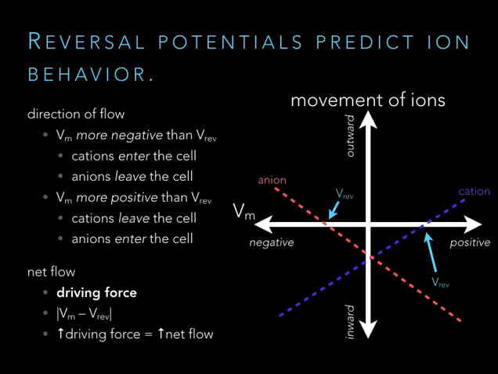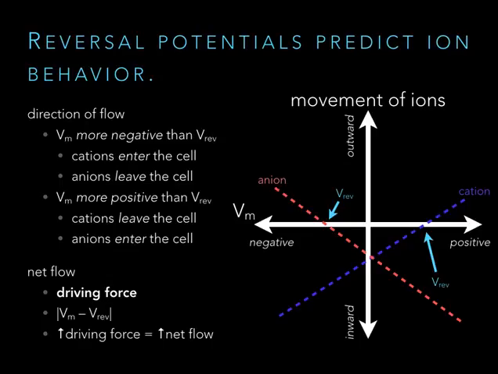On the other hand, if we're dealing with sodium, the reversal potential is about positive 56. At rest, we're at negative 70. Because the membrane potential is more negative than the reversal potential, sodium will want to enter the cell. We can also tell from the reversal potential the net flow of an ion.